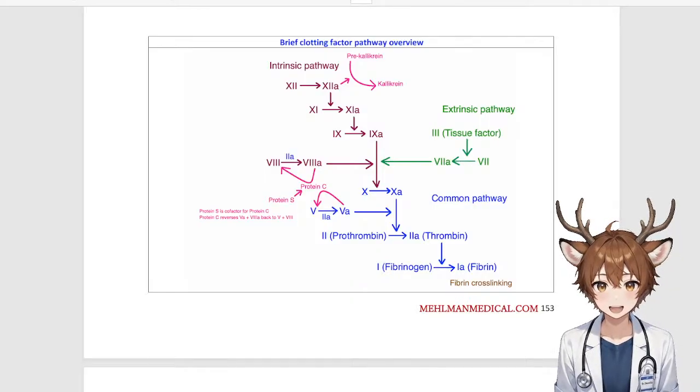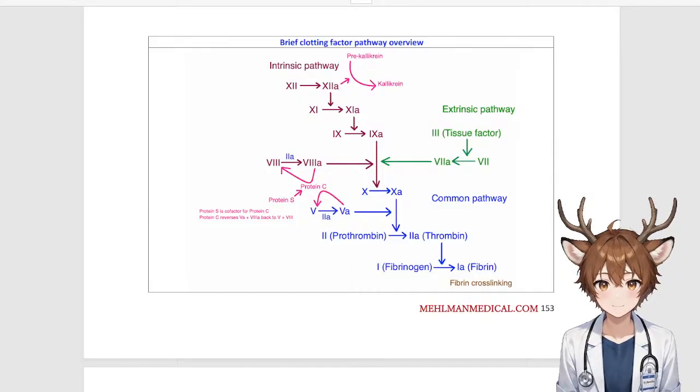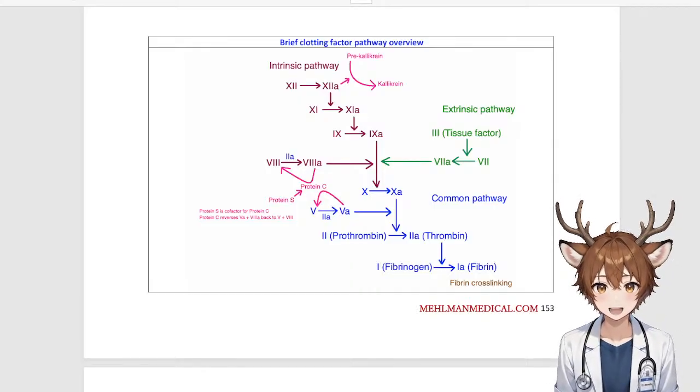But I guess in this diagram, this one's a little bit more confusing.